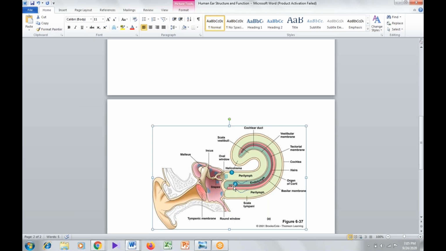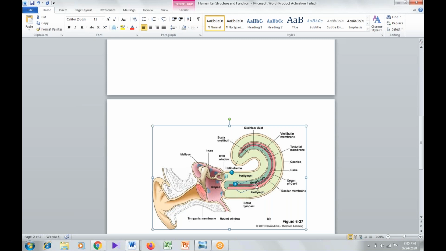Sound energy came into the fluid, and when the cilia start moving, they convert that sound energy into electrical signals, electric waves, electric flux. That is a signal type.